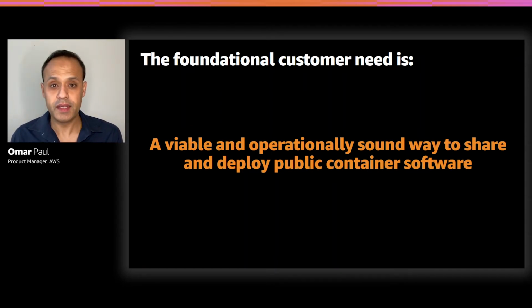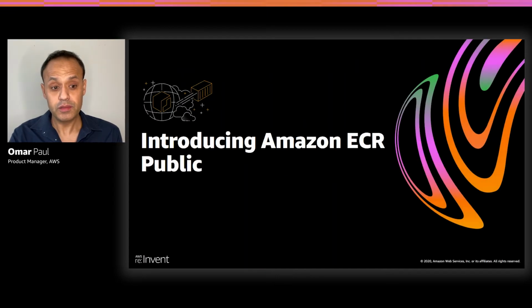And when something like this becomes available, they can then build and create software and experiences on top of that. And so, by listening to our customers, I am very, very happy to talk to you today about Amazon ECR Public.